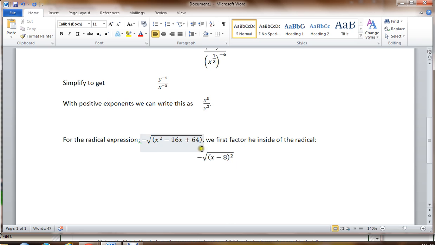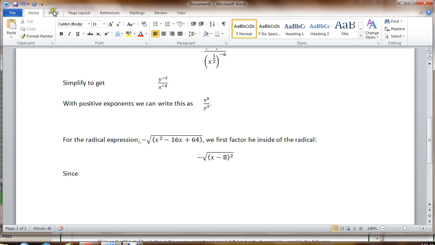You don't get the negative square root back. Now we're going to get the negative because of the negative outside, but that's a separately applied negative. So ignoring the minus sign for a minute, the square root of x minus 8 quantity squared would be the absolute value of x minus 8. So let's just write this in two steps so that it's clear.